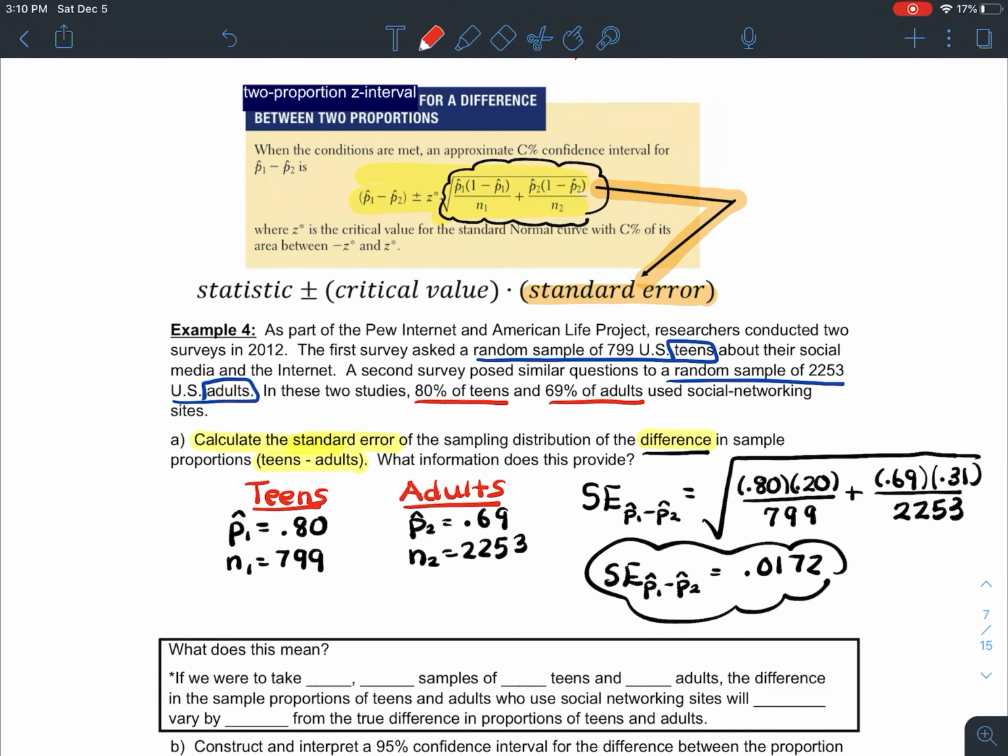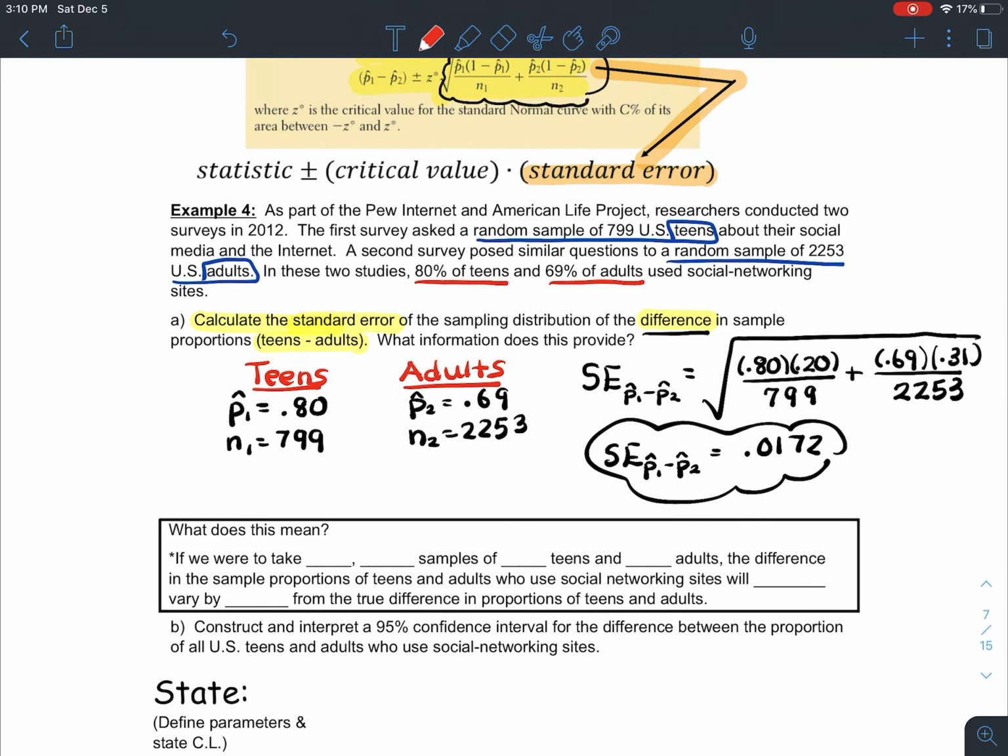Okay, now the question is, what kind of information does this provide us? Or in other words, what does this mean? Well, what this means is if we were to take many samples of size 799 teens and size 2,253 adults, the difference in the sample proportions of teens and adults who use these social networking sites will typically vary by about 0.0172.